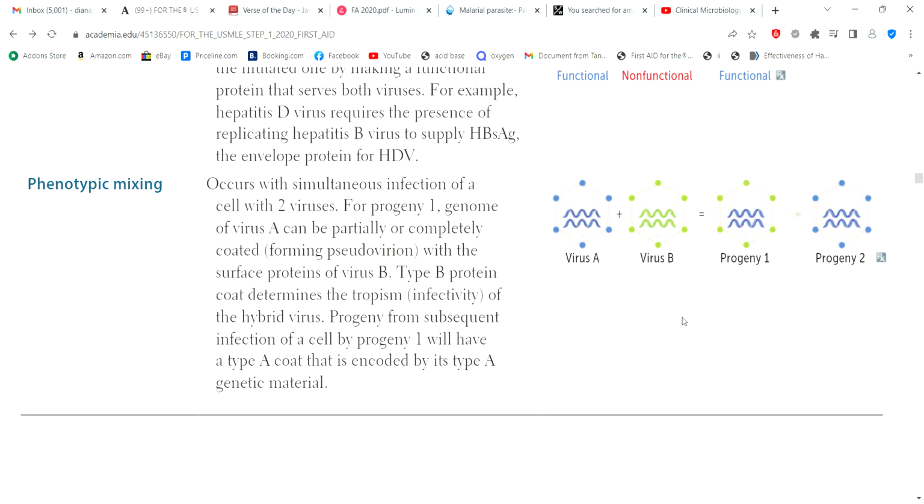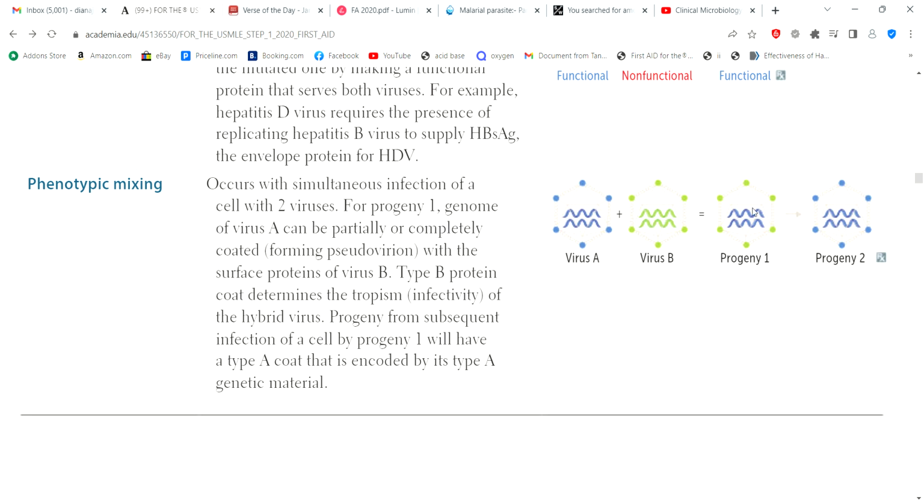The type B protein coat determines the infectivity of the baby, which is the progeny. The progeny from subsequent infection of a cell by progeny 1 will have a type A coat that is encoded by its type A genetic material.